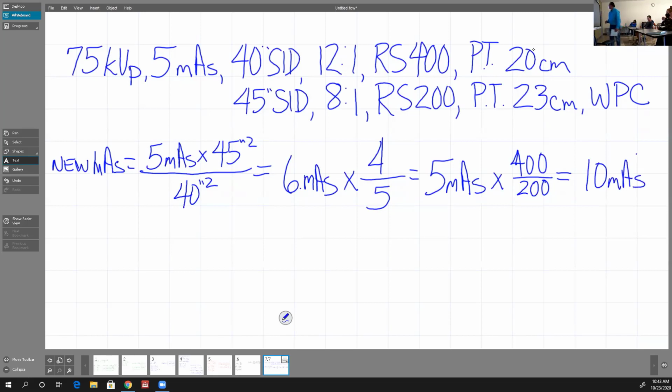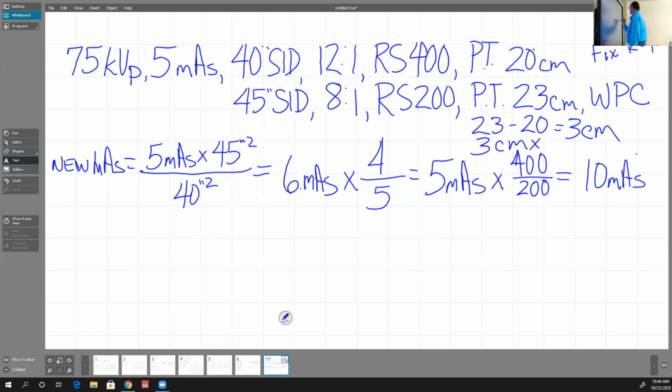Okay. Part thickness. This is fixed kVp. So part thickness, we're going to take 23 minus 20 equals 3 centimeters. We'll take 3 centimeters times 20% per cm equals 60%.